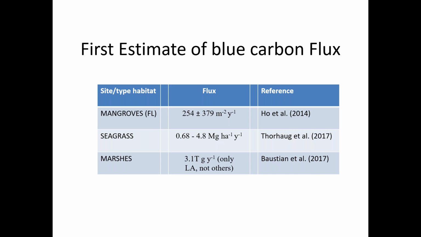So we backpedaled on this, but you can see here the mangroves are the large flux of materials, except in the Louisiana marshes, where there is 3.1 teragrams that goes per year out of the Louisiana marshes into the Gulf of Mexico.